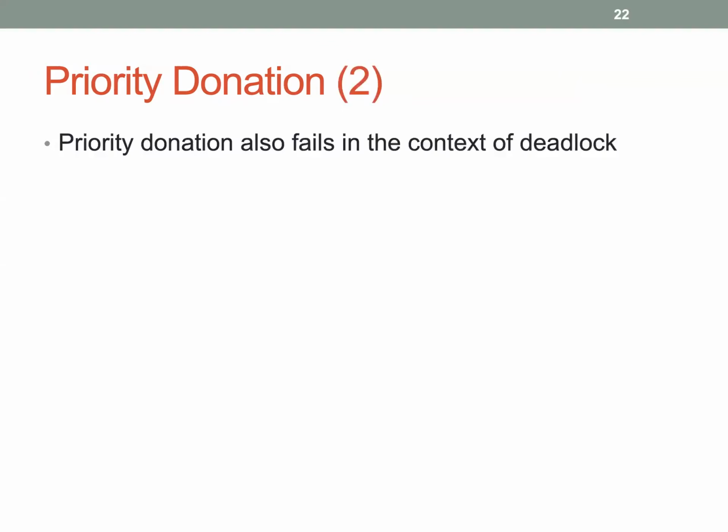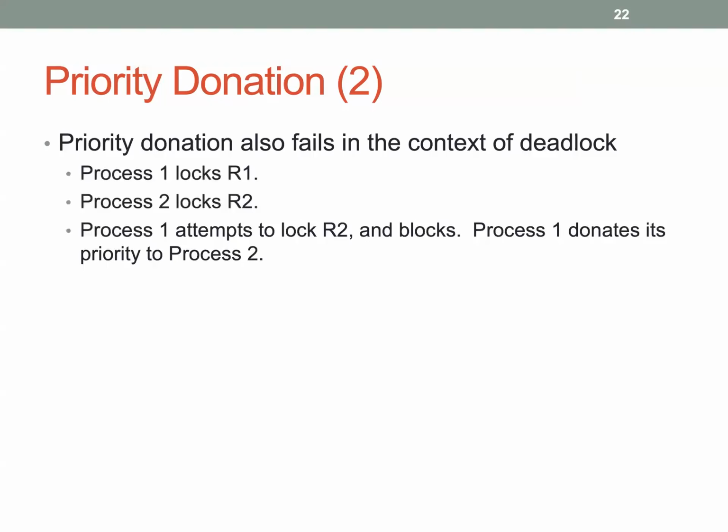Priority donation also fails badly with deadlock. If you have two processes, each one holds a resource, and then each one tries to lock the other process's resource, well, if you have a priority donation issue, it's possible that your kernel can't properly handle cycles in the donation graph, and that can end up generating issues.